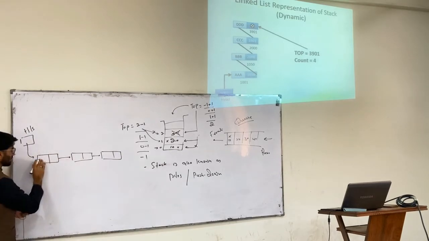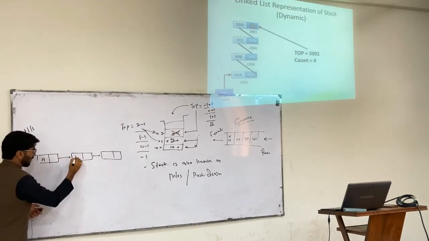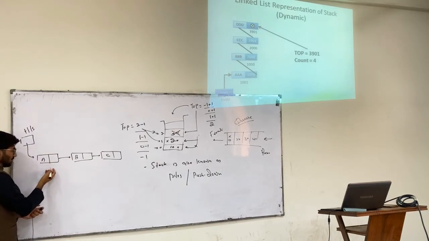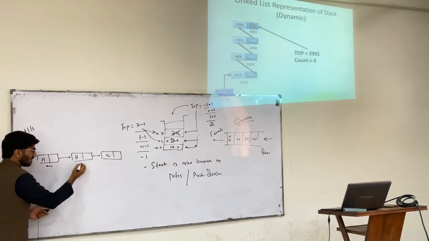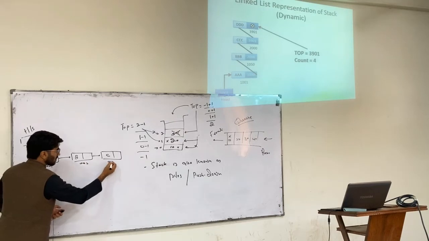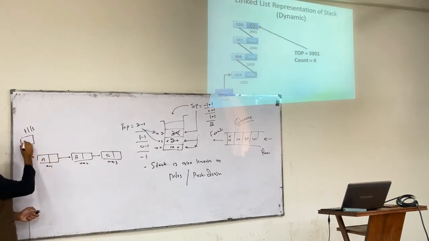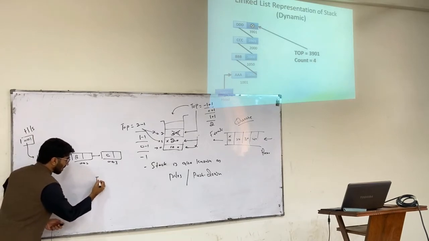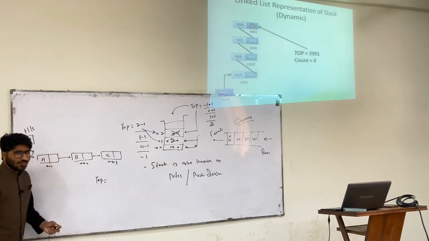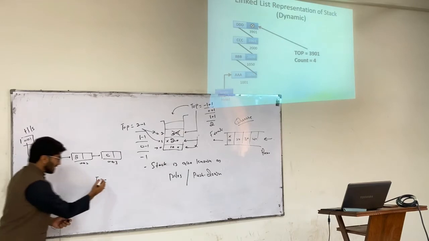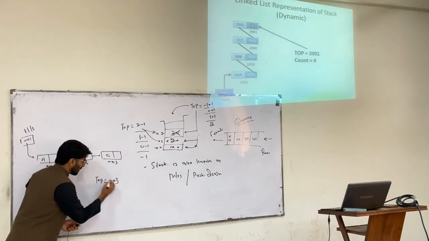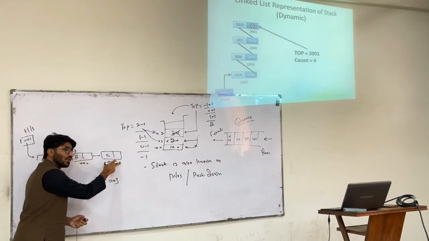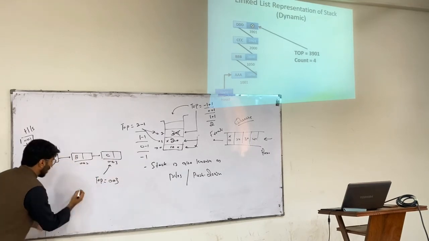So let's suppose this is your A, this is your B data, C. So the address of the nodes can be 001, 002, 003. So 001 is here. So what will be the top? Yes, it will be 003. So your top will point to this one because this is the last data we inserted in this stack.